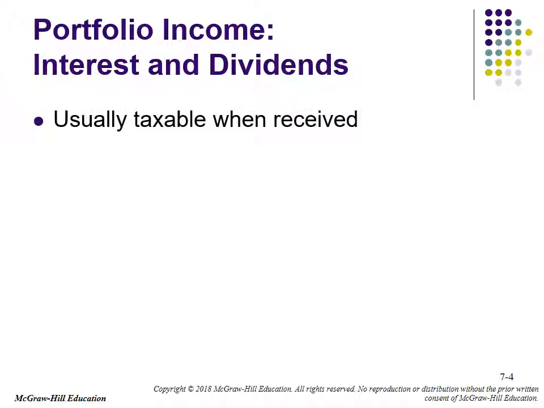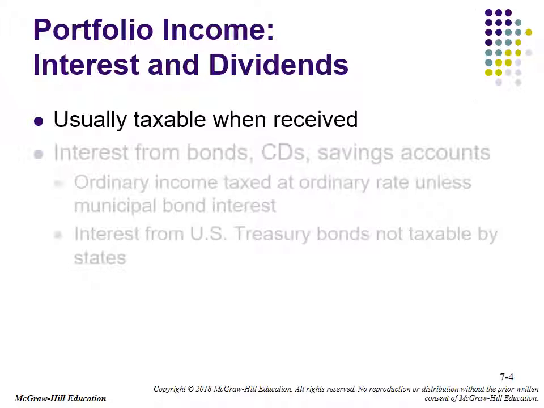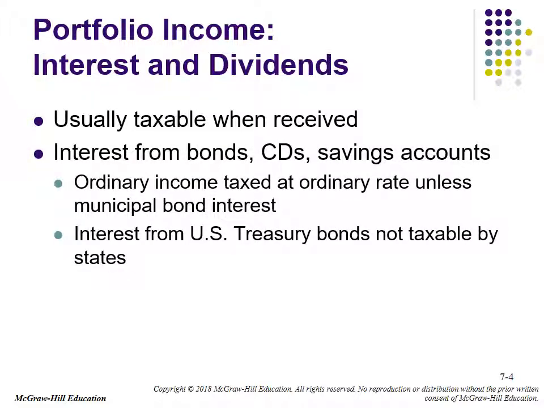Interest and dividends are usually taxable when we receive the income. Interest could be on bonds. So we have 2 different kinds, and you're going to have to jot some notes down as we're going here. We generally have corporate bonds and treasury bonds.